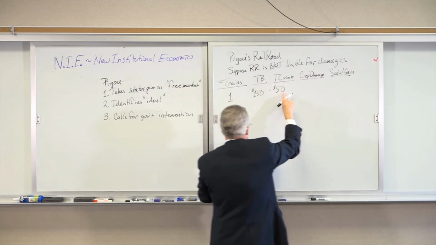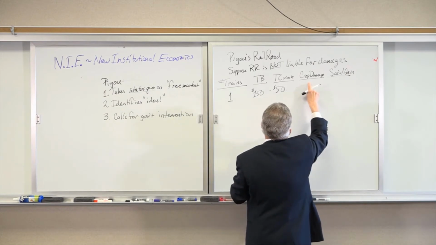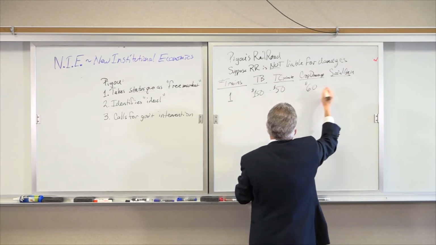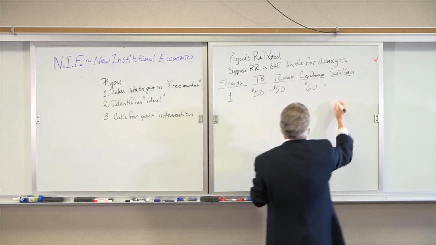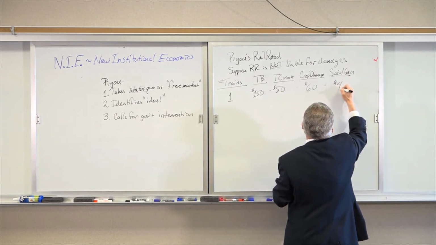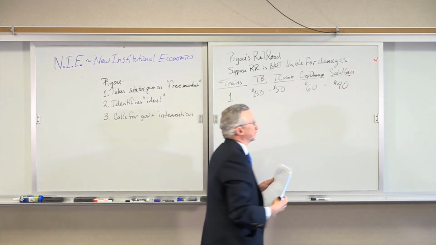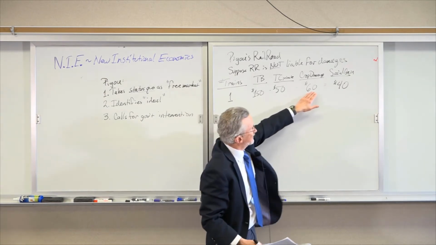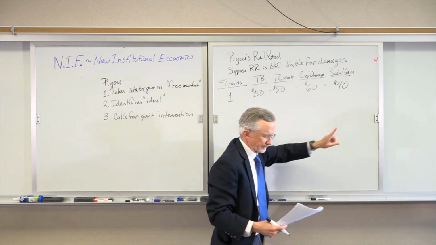It costs $50 to run the train, but there's crop damage. And the crop damage is $60. And so that gives us a social gain of $40. Well, it looks like one train is a good idea. Even taking the damage into account, it's worth it.